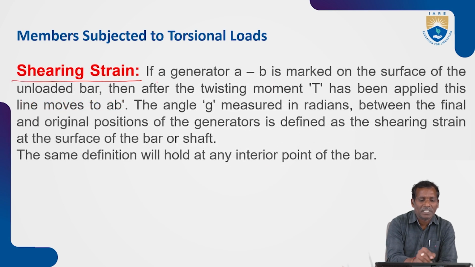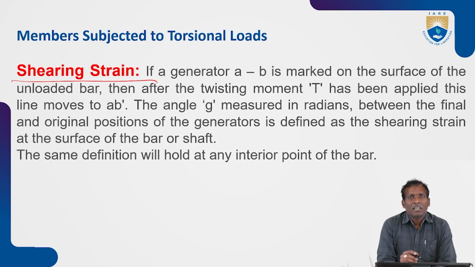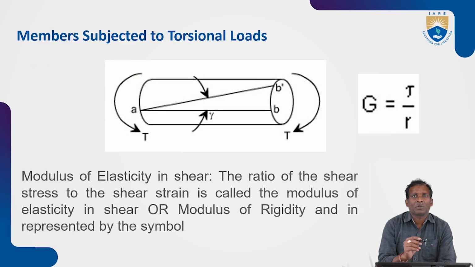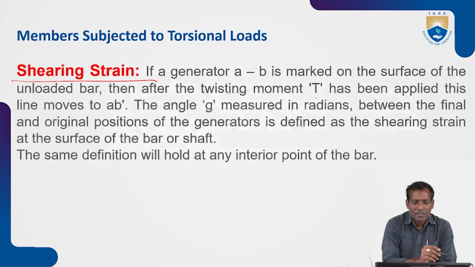So what is this shearing strain? If a generator A to B is marked on the surface of the unloaded bar, then after the twisting moment has been applied, this line moves to A dash B. So I will show you here in the diagram. So here AB is the marked generator on the surface of the unloaded bar.